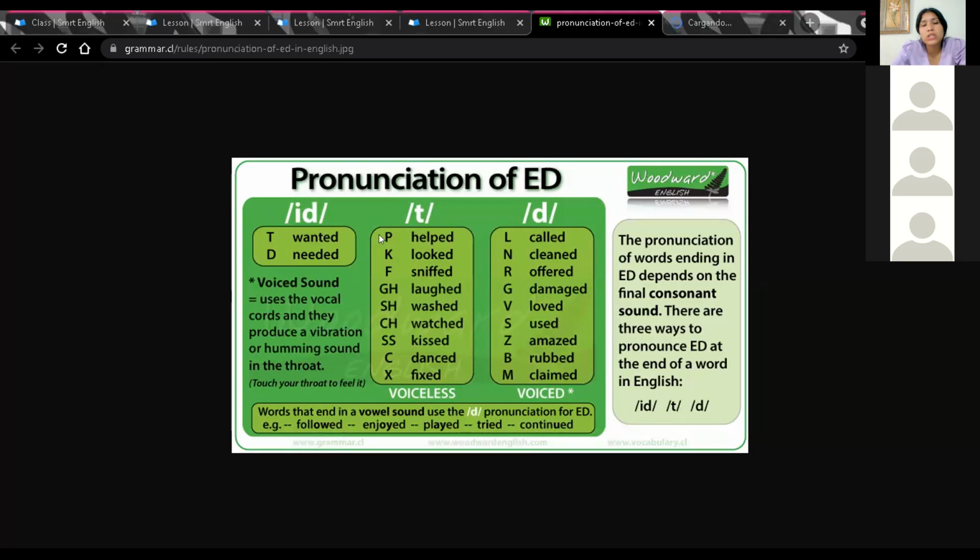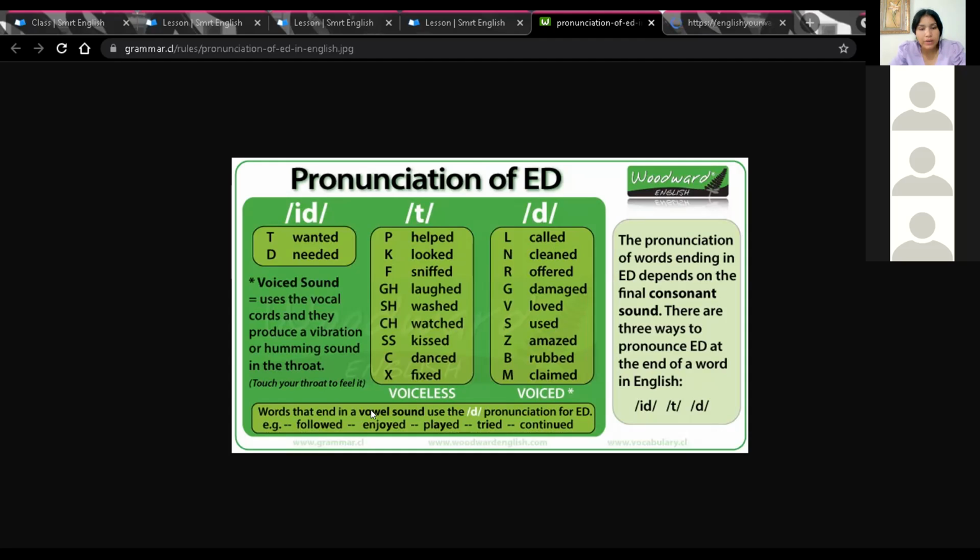Then sounds like P, K, F, GH, S, SH, CH, SS, C, and X: helped, looked, sniffed, laughed, washed, watched, kissed, danced, fixed. The D ending, for example: called, cleaned, offered, damaged, loved, used, amazed, roughed, claimed.